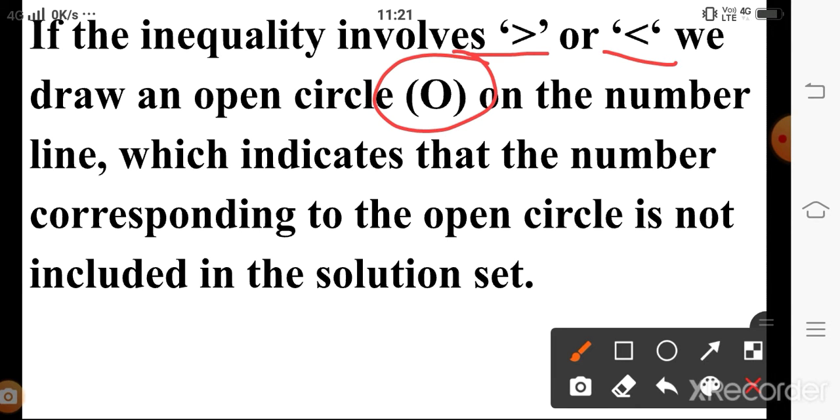We draw an open circle on the number line, which indicates that the number corresponding to the open circle is not included. If you represent an open circle, it means that point is not included in the solution.